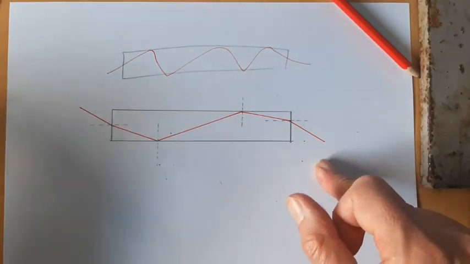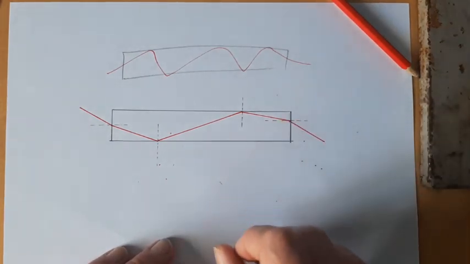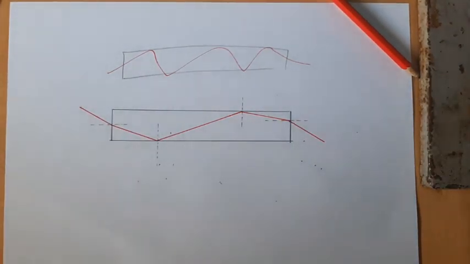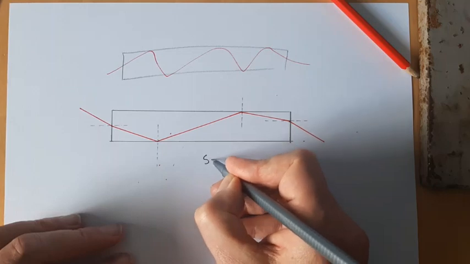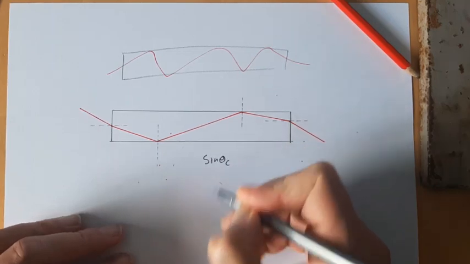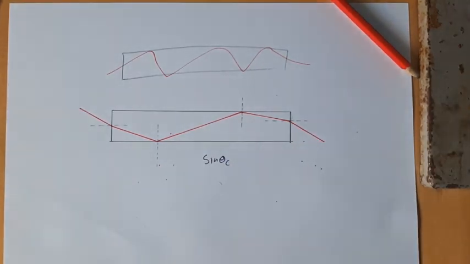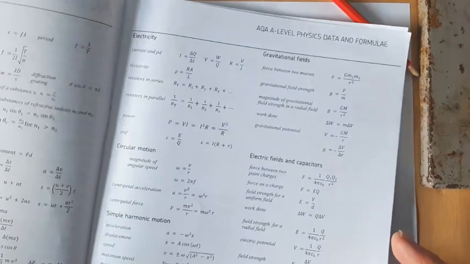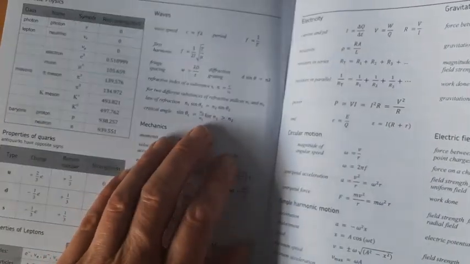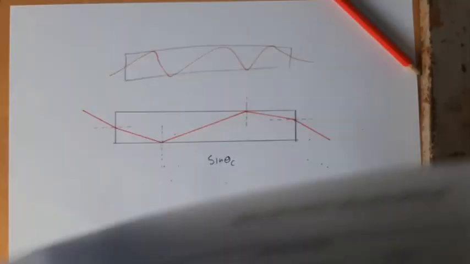We can remind ourselves of some of the maths that we did last time. This is all about finding the critical angle. So if we go back to the data sheet, we should be able to see the sine of the critical angle. Let's find waves. It is n2 over n1.